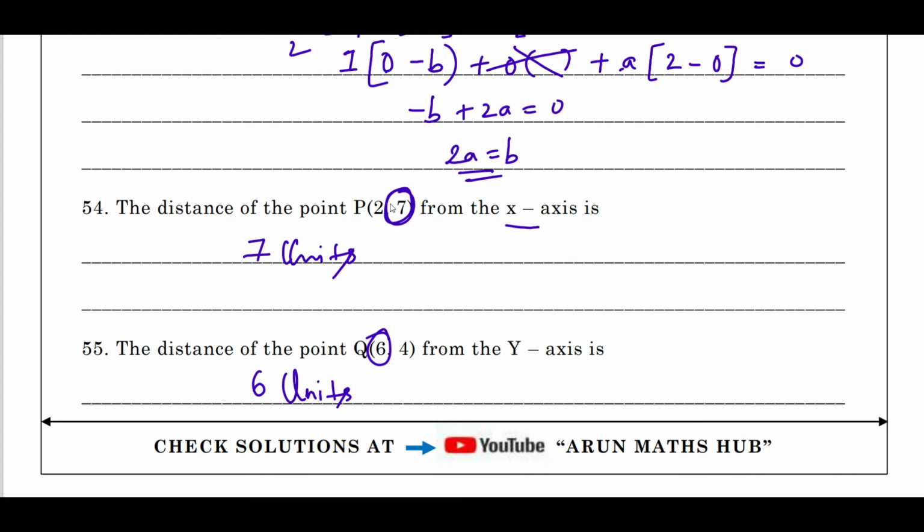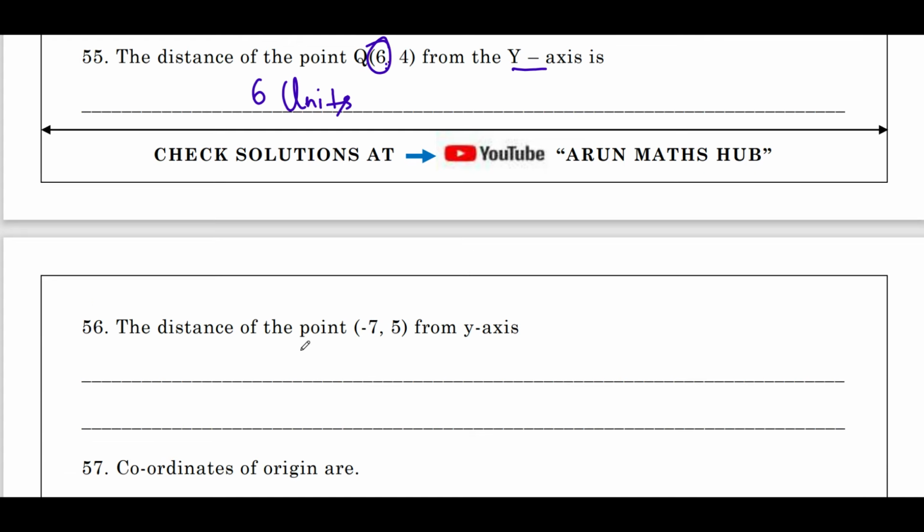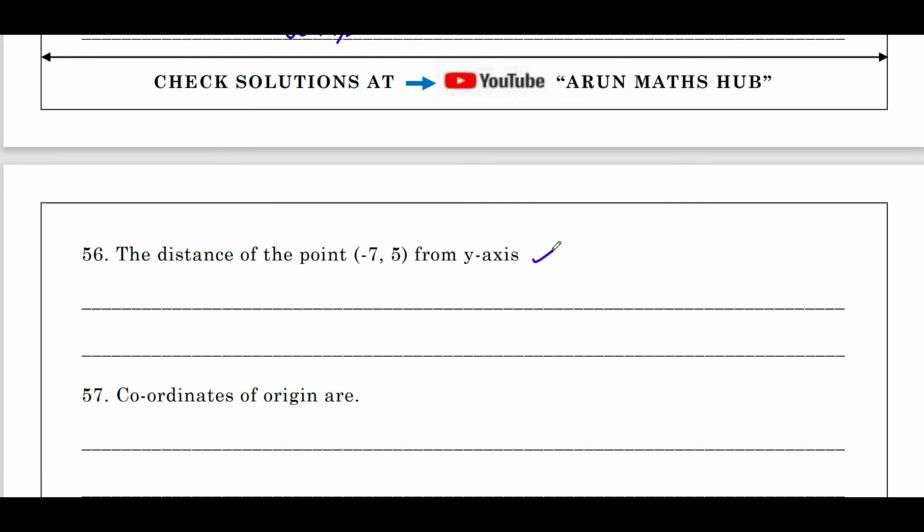If they ask for x, take the y coordinate. From the y-axis it will be its x coordinate. You can try it. Distance cannot be negative, so take the positive value. Therefore, it will be 7 units.